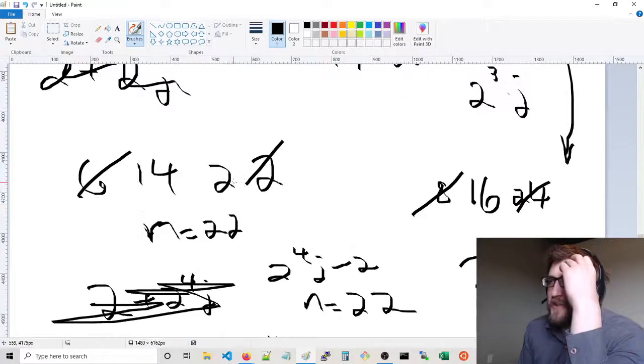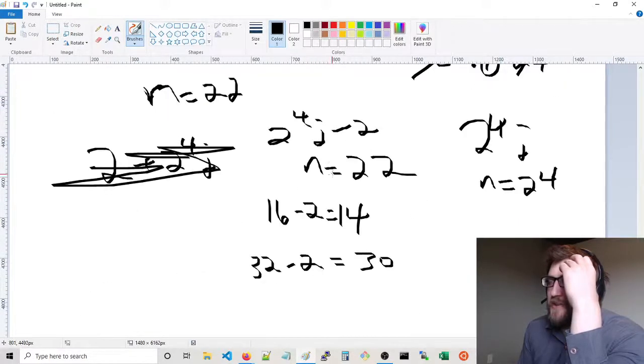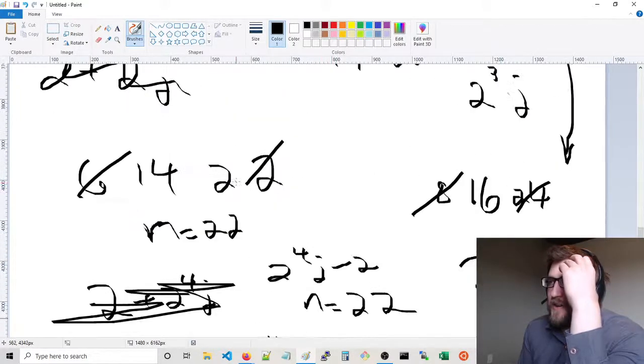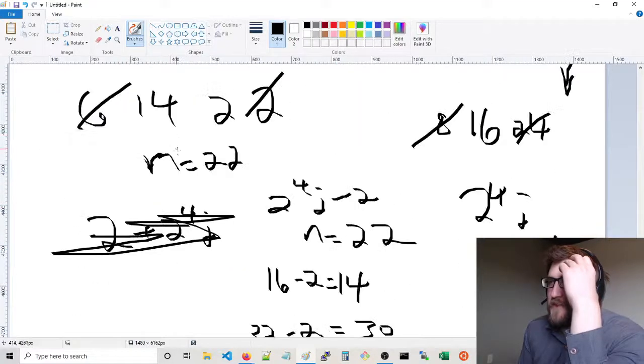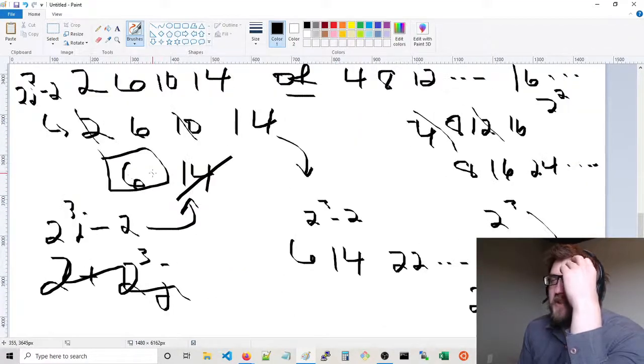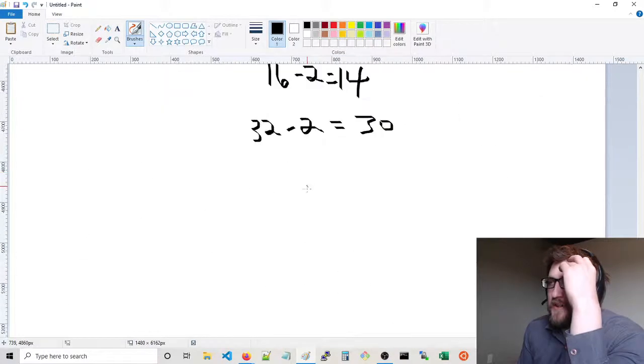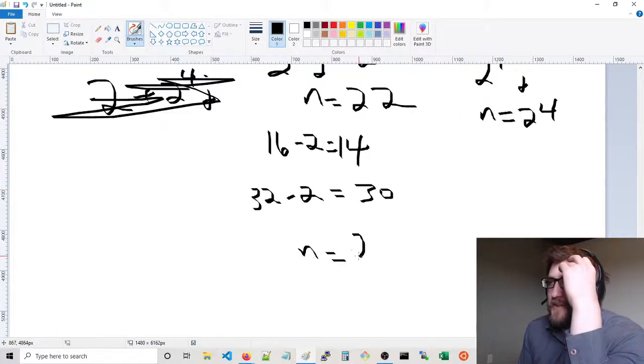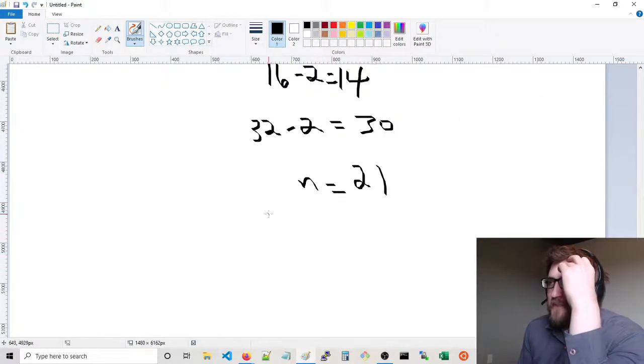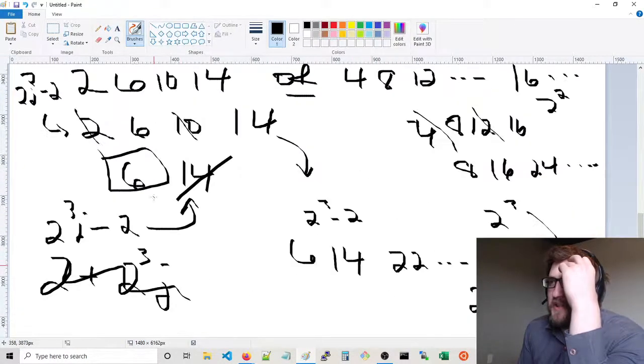If we had something less than 22, like if we had 21, we wouldn't get 14 here. We'd actually get 6. And it's 21. 16 minus 2 is 14. 14 exists.